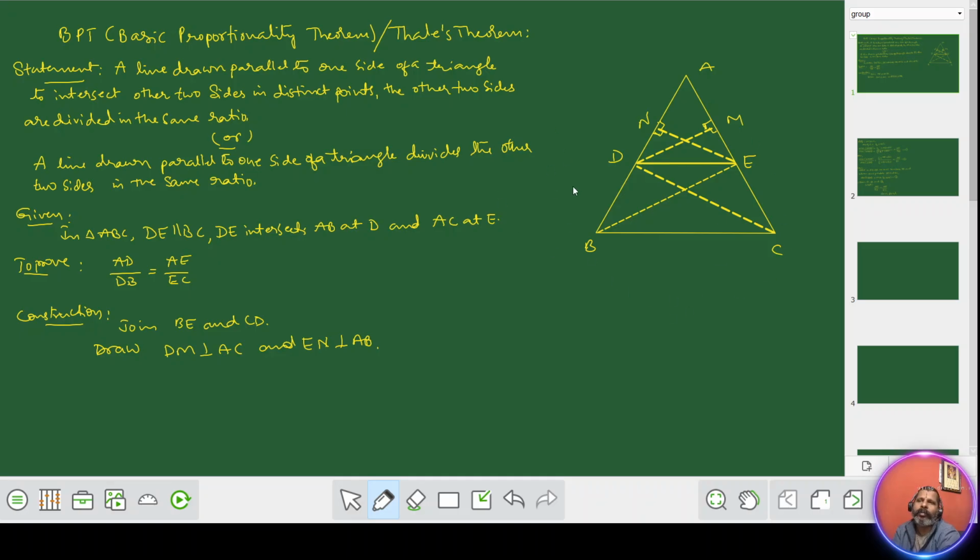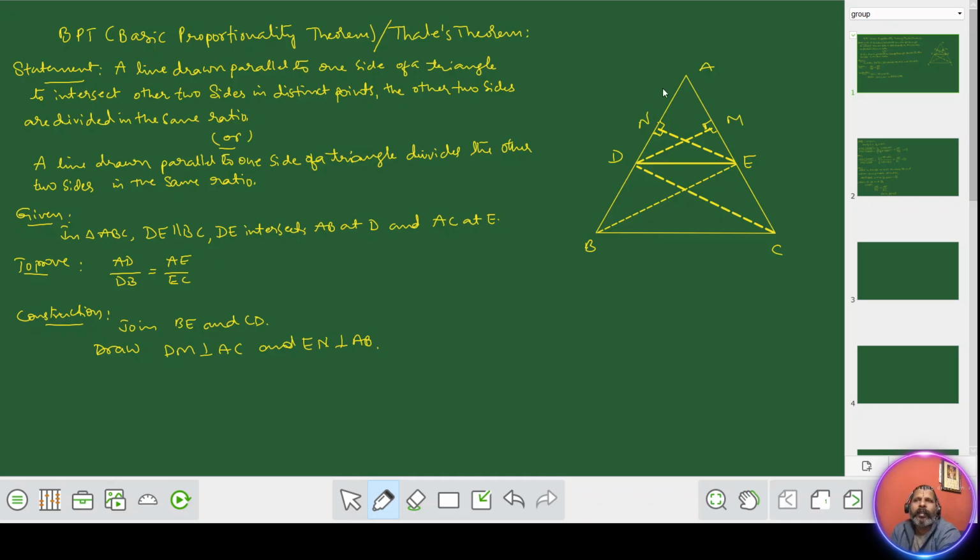Now if you observe, triangle ADE has two heights, EN and DM. Triangle BDE has the height EN, because BDE is an obtuse triangle, which will have its height outside the triangle. So for triangle BDE, EN is the height, and for CDE, DM is the height. Check out.